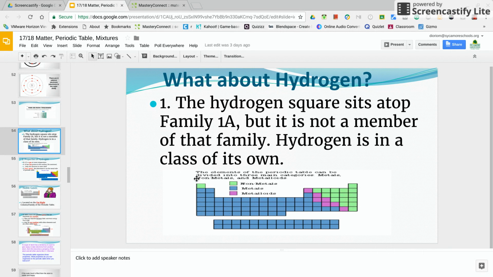What's weird about group 1A is it is the only metal column right here that has a nonmetal in it, and that nonmetal is hydrogen. It actually has properties that are more nonmetallic, and it should be over here with the rest of the nonmetals on the right-hand side. But because it has one valence electron, or one electron in its outermost shell, and how extremely reactive it is, it gets placed over here with the other elements that have one valence electron.